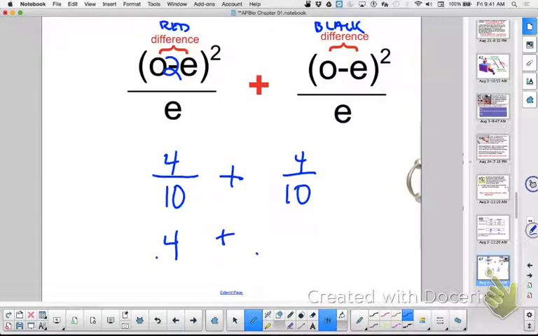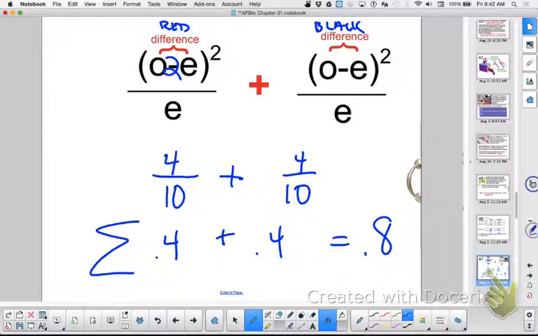0.4 plus 0.4. You're just going to sum it all up. So 0.4 plus 0.4 equals what? 0.8. Got that? So now, think about what you did there. All you did for each category of your result is you took the deviation from what you expected, and what did you do to that deviation?